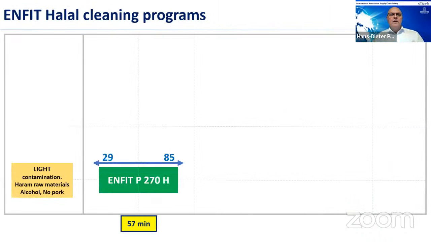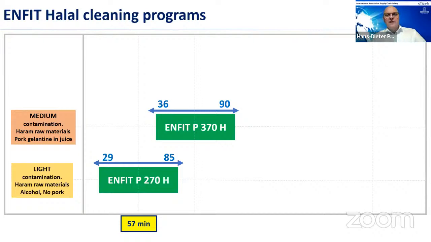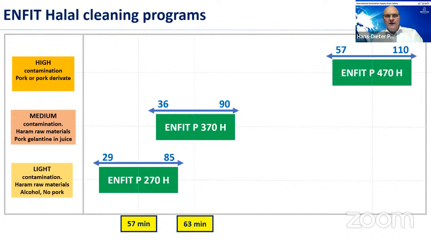So that helps you. And this is only, for example, halal cleaning, which I presented yesterday at this halal conference. You have on the left side the contamination: is it light, medium, or high? And you will also find the right processes developed by NFIT and its experts.